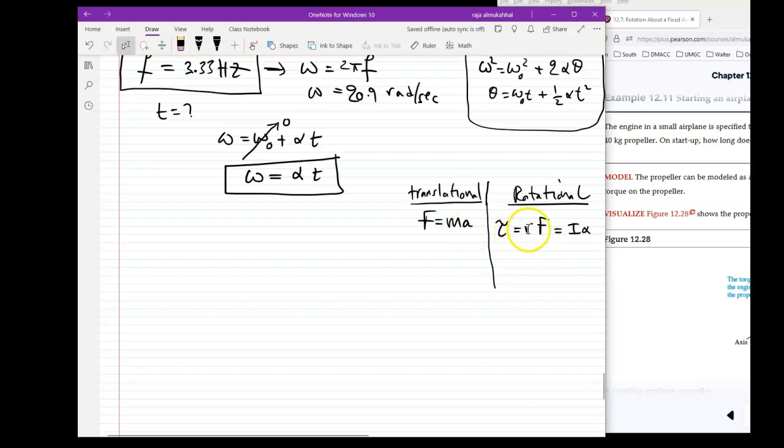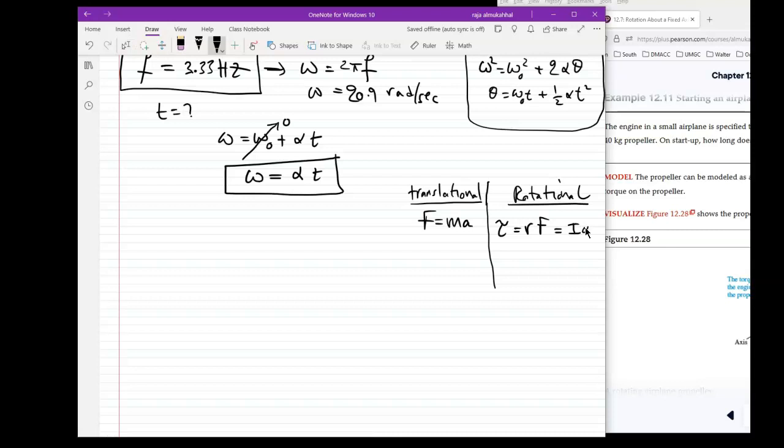Well, what about if you have a bunch of forces on the body that will cause it to spin, to rotate? As a result of that, it will move in a rotational way, and that rotational kinetic reaction, if you will, is equal to the moment of inertia of that body times the angular acceleration of that body. You get that? This is very, very important to keep in mind. That's the meaning of it, okay?